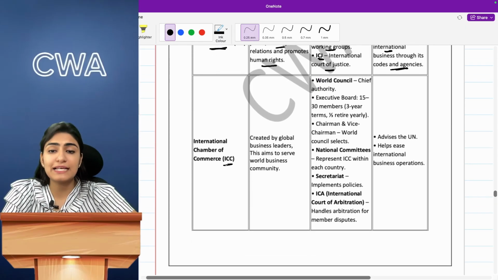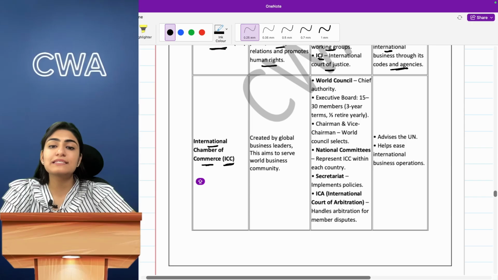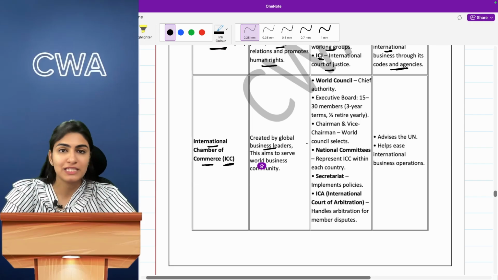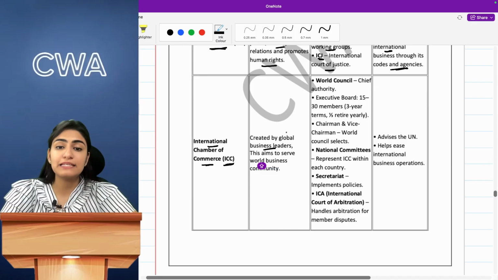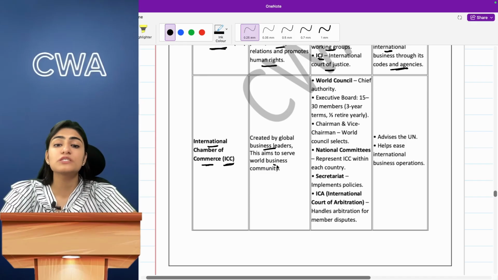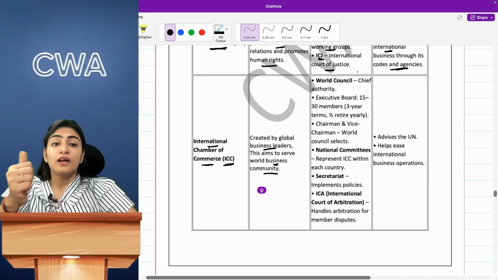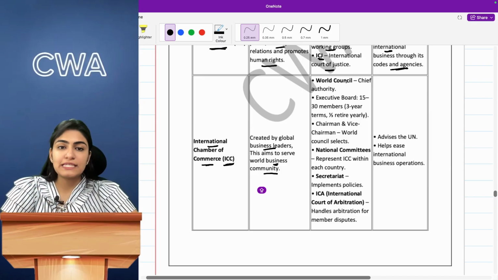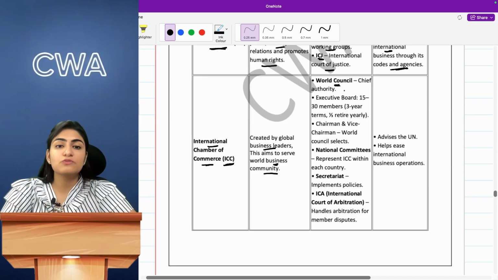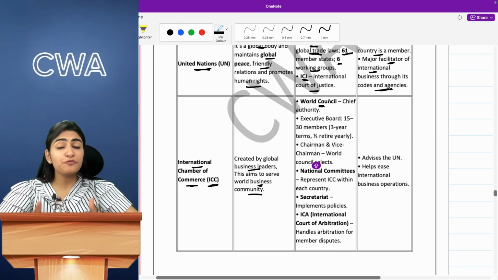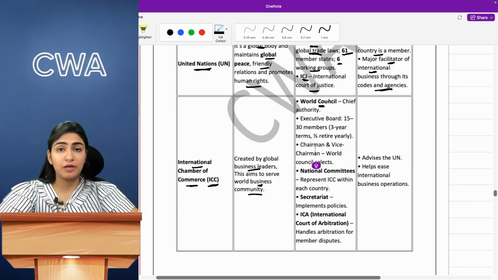The second one is ICC, that is the International Chamber of Commerce. It is created by global business leaders. So here no country is involved. Global business leaders are involved that aim to serve the world's business community. Who all are in ICC? The first one is the World Council, the chief authority here, and the executive board has 15 to 30 members.